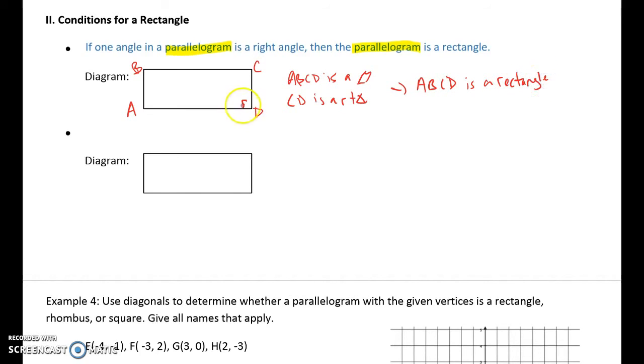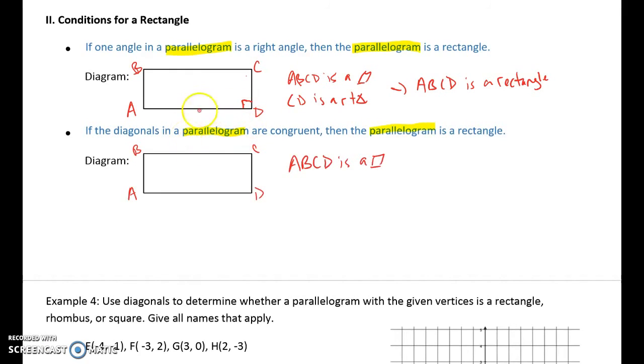Because remember, by definition, a rectangle will have 4 right angles. So if I know this is 90, and because it's a parallelogram, all our same side interior angles are supplementary, that'll give me 90, 90, 90, 90. So that's our first condition. What's our second condition? All right, so once again, highlighted here, our figure needs to be a parallelogram first. And if the diagonals are congruent, then we know we have a rectangle.